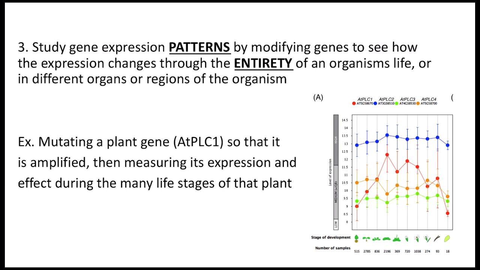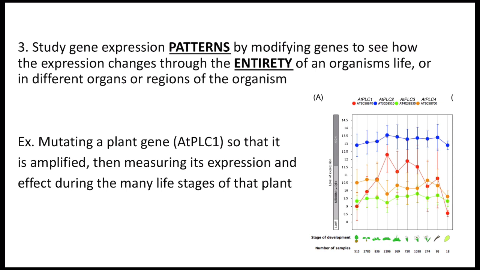So a third potential use for GMOs is studying gene expression patterns by modifying genes to see how the expression changes through the entirety of an organism's life or in different organs or regions of the organism.